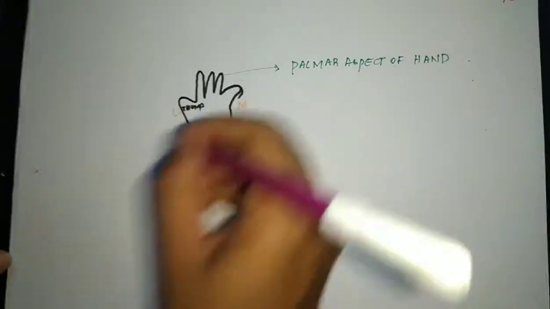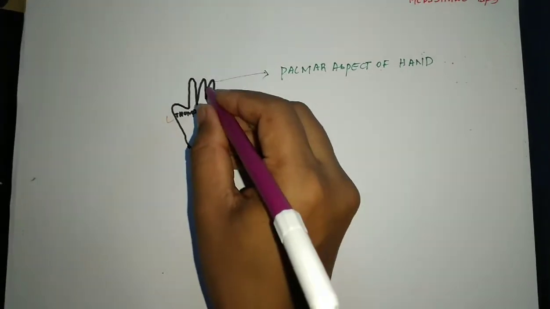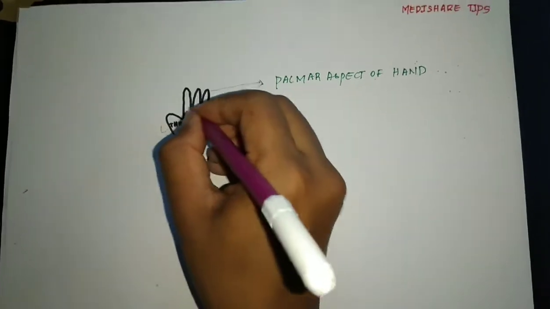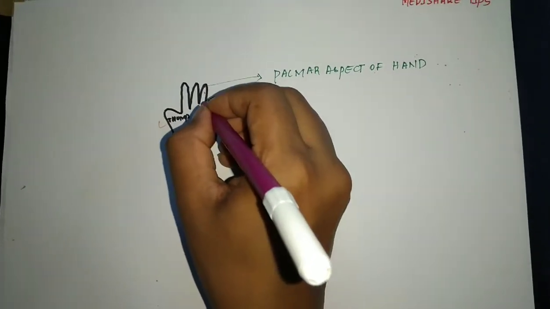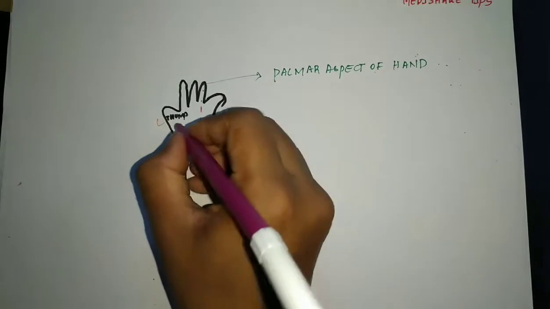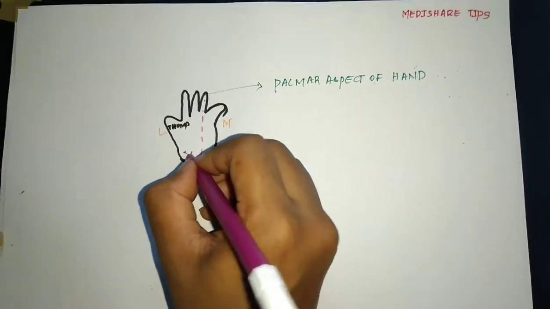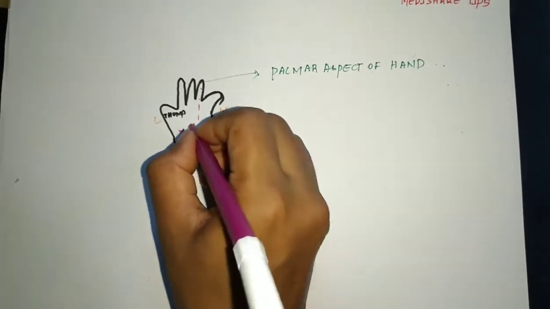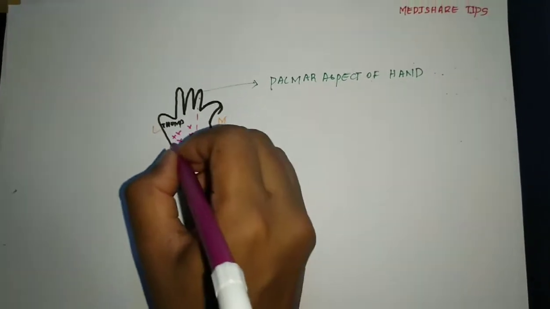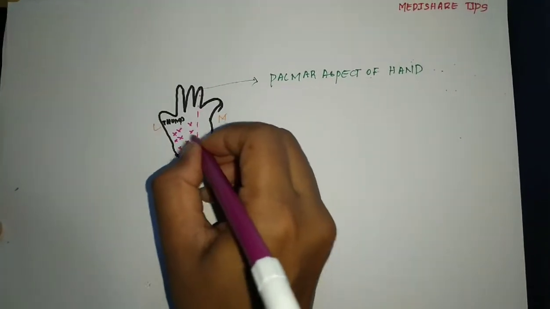In the palmar aspect, the median nerve supplies the skin of the lateral two-thirds of the palm.